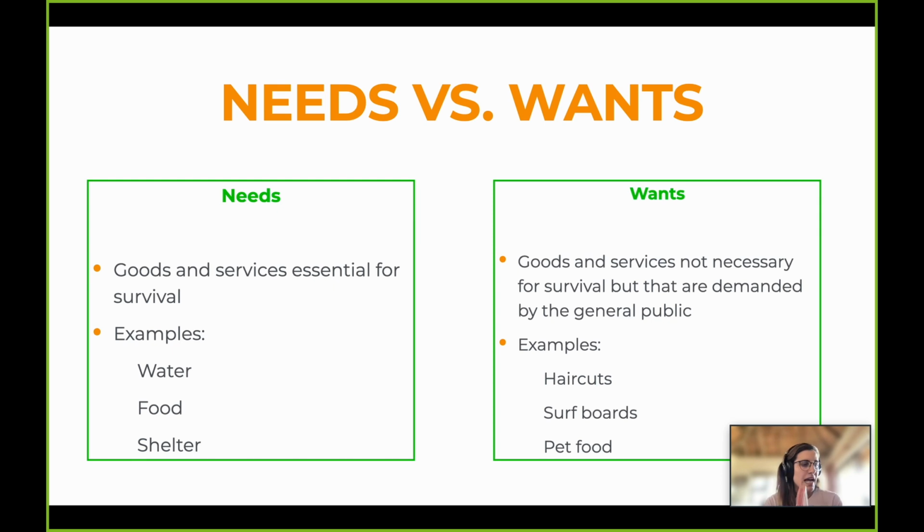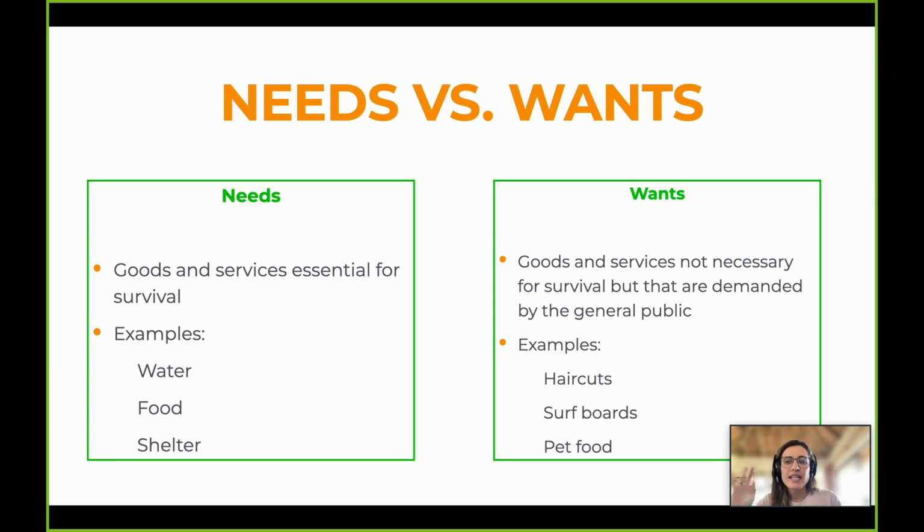This fits in with the basic economic problem, needs versus wants. We said earlier that there are unlimited wants, so we need to distinguish between needs and wants. You may have been thinking, well, I can live with X, Y, and Z. Yes, you can live with the basic necessities, the basic needs.